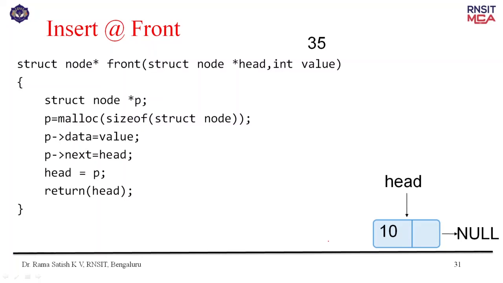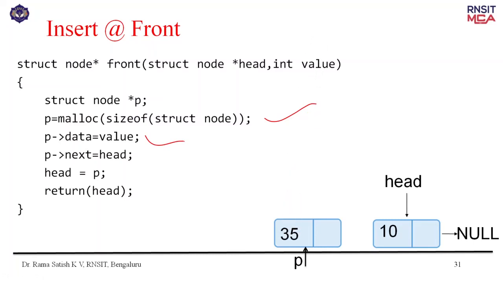As soon as you execute this line, a new P is created, that is a pointer is created and memory is allocated to the pointer, and then the next line executes.